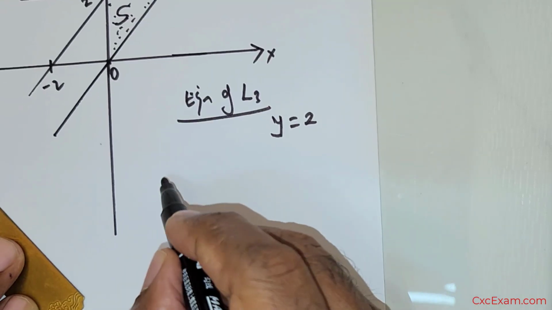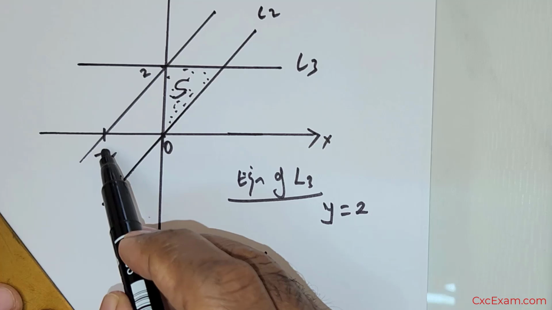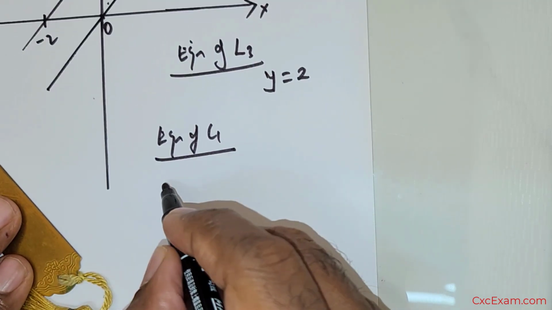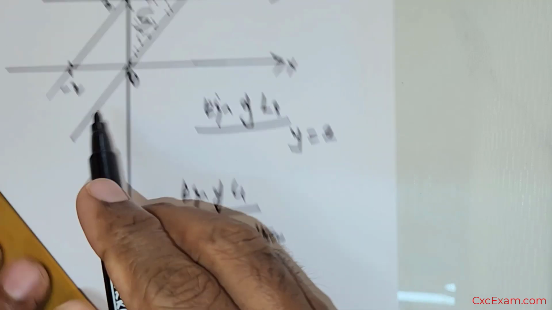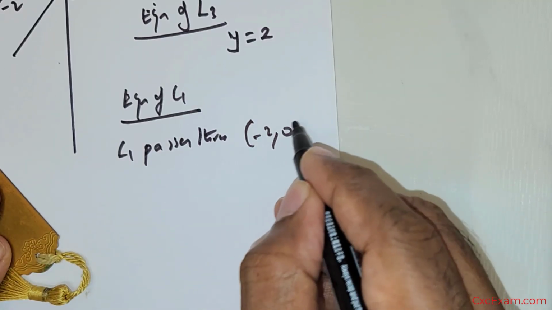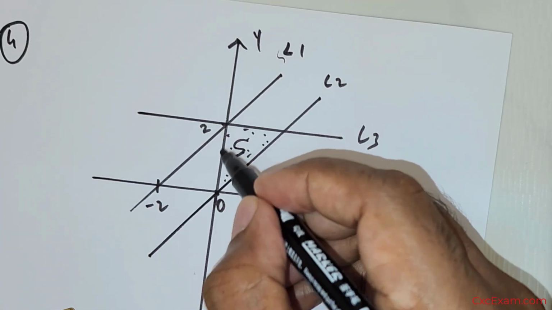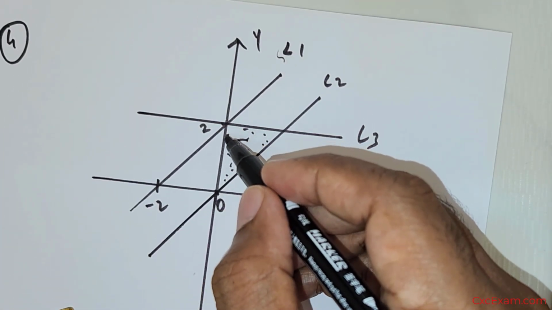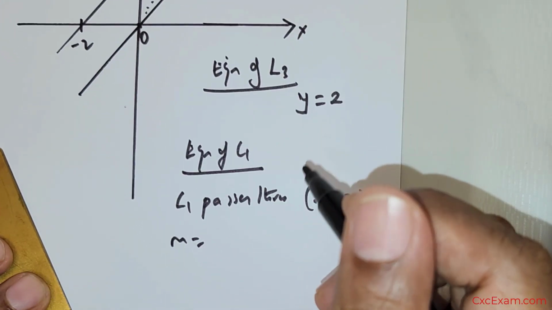Now you see the equation of L1. L1 passes through -2, 0, and we have to get the slope. Of course it passes through 0, 2, right?